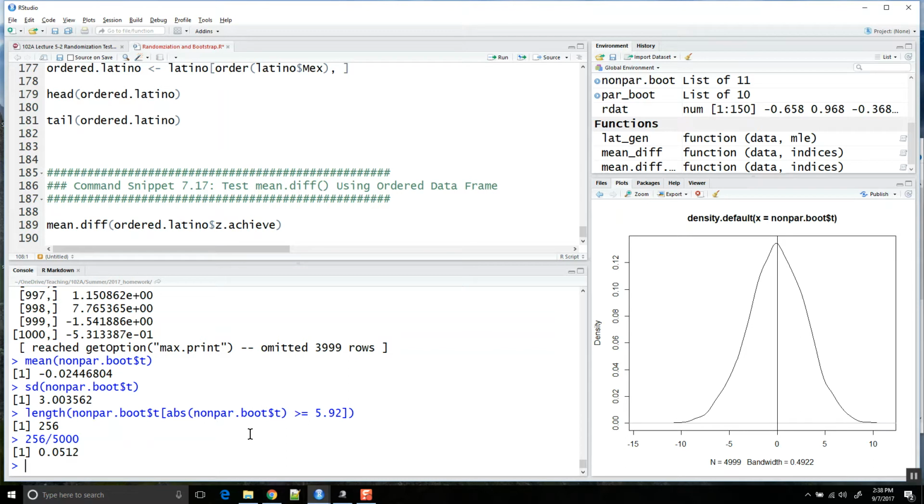Okay, so another way to say what non-parametric bootstrap does is it says, okay, we're going to treat our sample of 150 people as being representative of the population. That's the big assumption that we make in non-parametric bootstrap. We're going to say the sample that we have is representative of the population. Therefore, we're going to create our own simulated population.